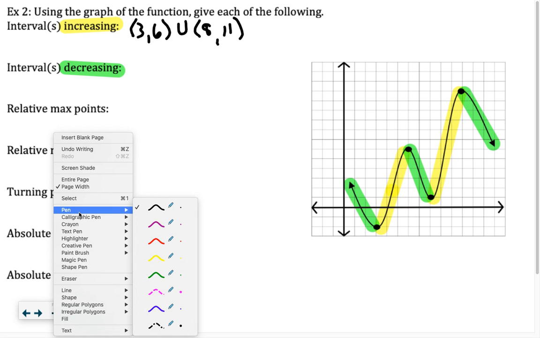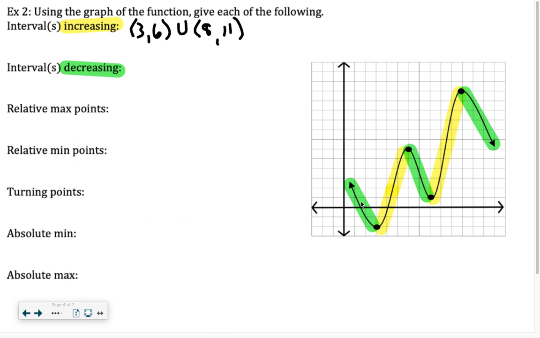Now, since I have arrows telling me that this function is going to continue on forever in this direction and forever in this direction, we're going to have some infinities in this one. So I'm going to start at an x value of negative infinity and go all the way up to 3. Okay, so this function is decreasing from negative infinity to 3.